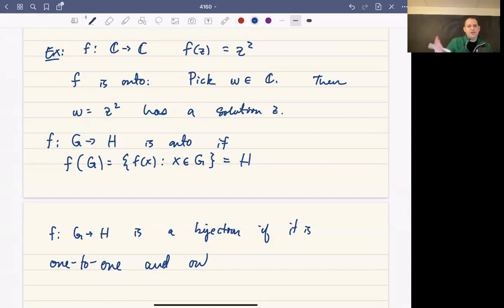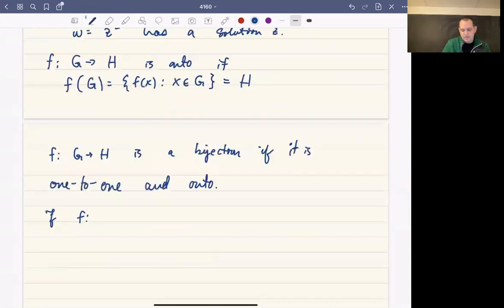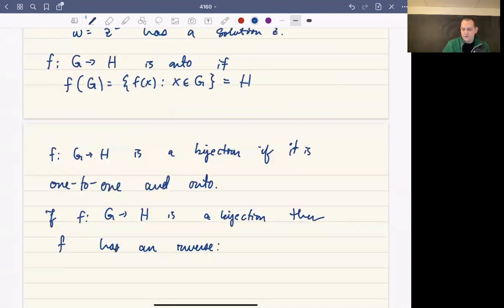But it turns out that bijections are exactly the functions that have inverses. So if f going from g to h is a bijection, then f has an inverse. And the inverse, well, first of all, it switches the role of domain and codomain. So the inverse of f maps h to g.